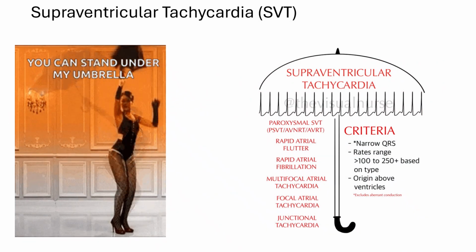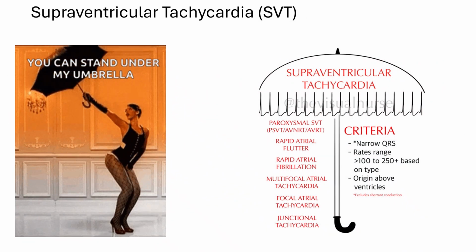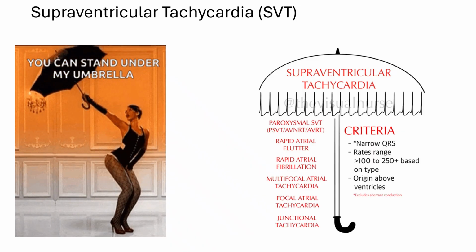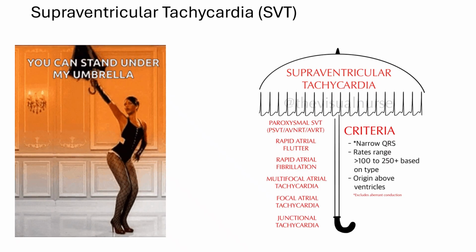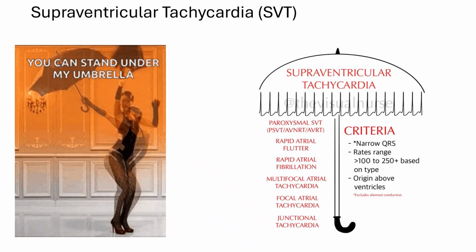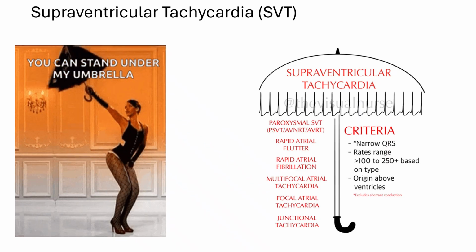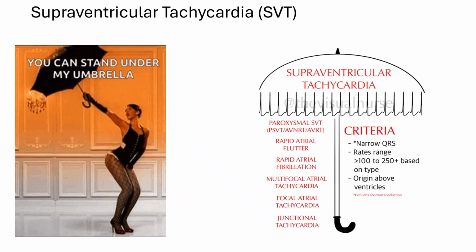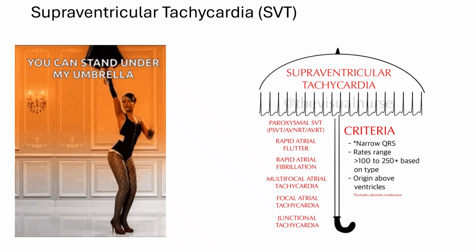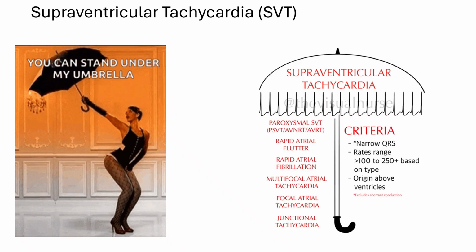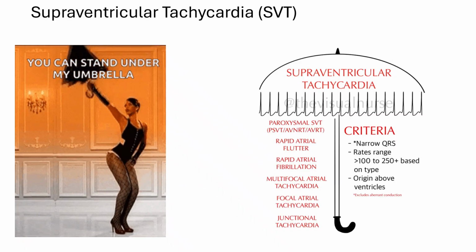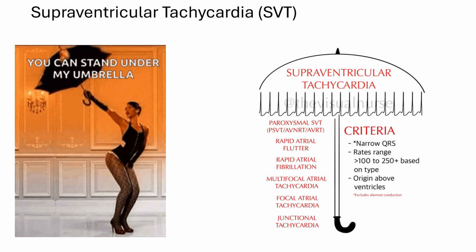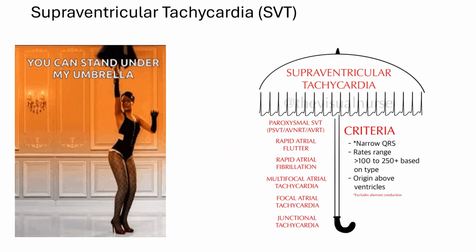Supraventricular tachycardia, or SVT, is a type of narrow complex tachycardia that occurs above the ventricles, hence the name supraventricular tachycardia. And with this type of tachycardia, you're going to have a narrow QRS or a normal QRS. It's not going to look wide and bizarre. So we know that the problem isn't in the ventricles. And we will notice that with SVT we can't quite see what's going on with the P wave.